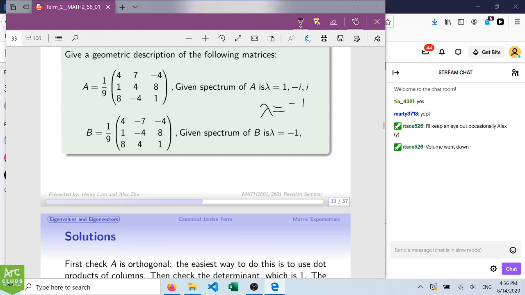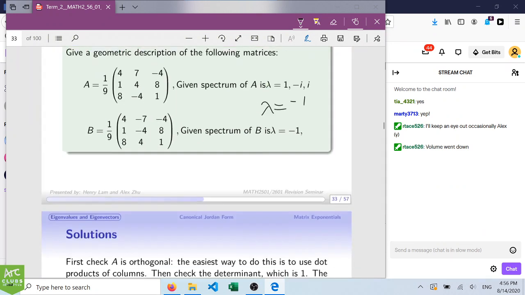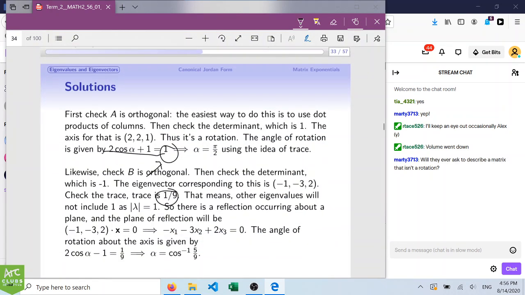Anyways, for this question in part B, you need the three eigenvalues so that you can find the trace, and the trace is 1/9. And so now checking, if you check the other eigenvalues.